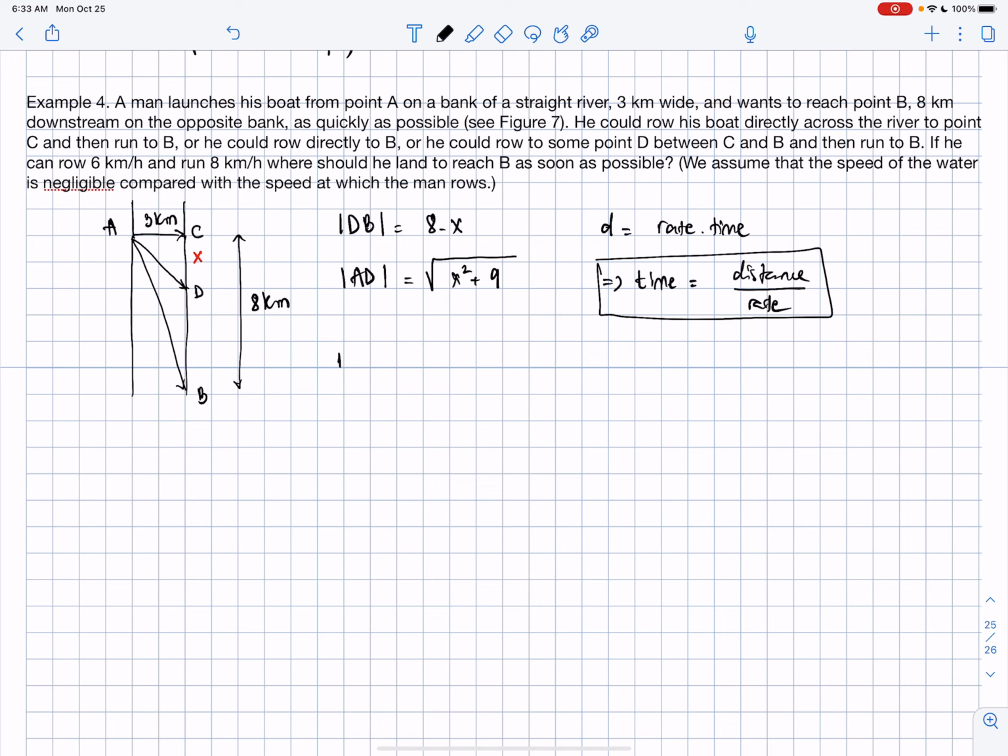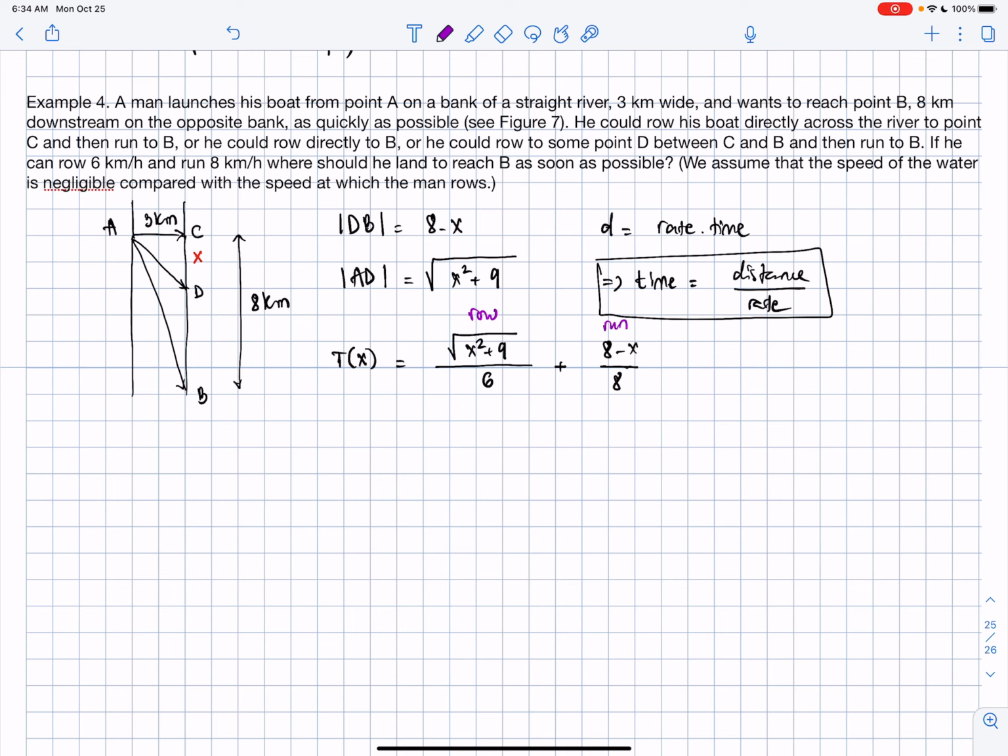We have the time t in terms of x equal to the square root of x squared plus 9 over 6, plus 8 minus x over 8. This is the time for rowing, and this is the time for running.